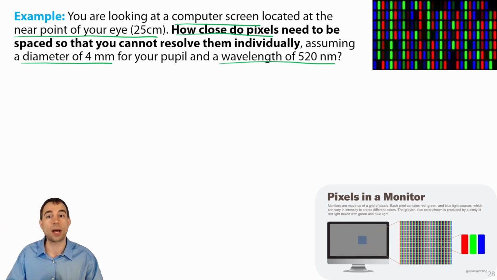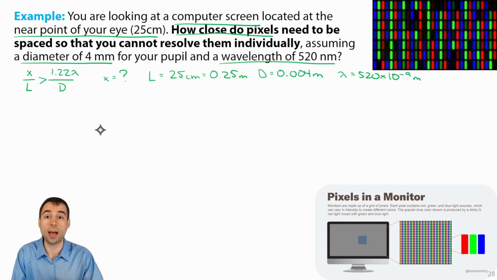So let's go ahead and write out the Rayleigh criterion and try to get some numbers in for here. So here's our unknowns and known values. We're going to go ahead and solve for x in this expression.